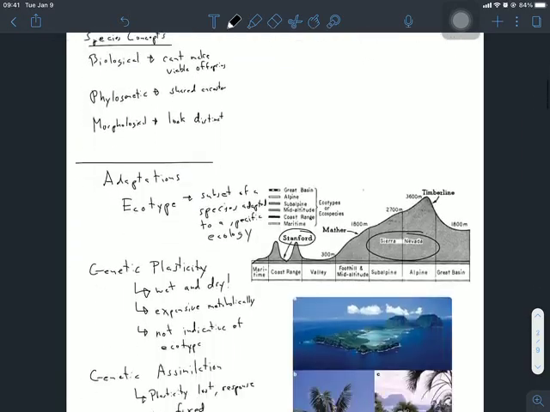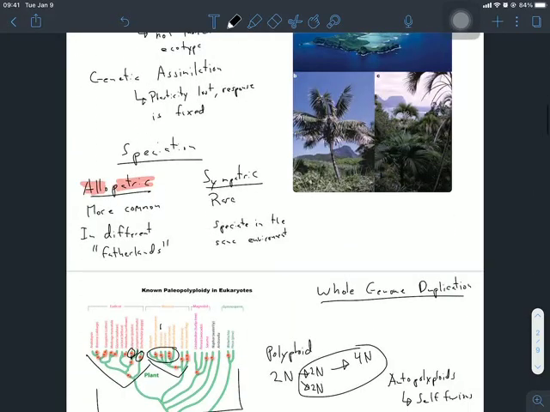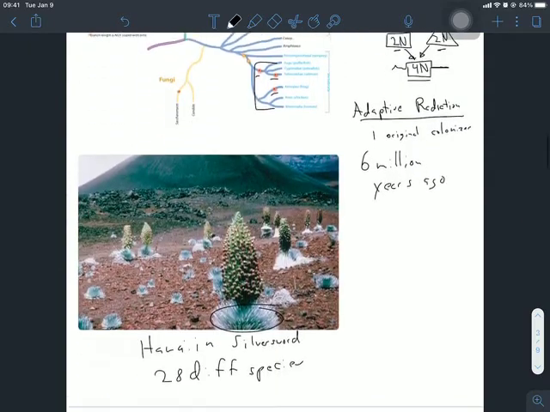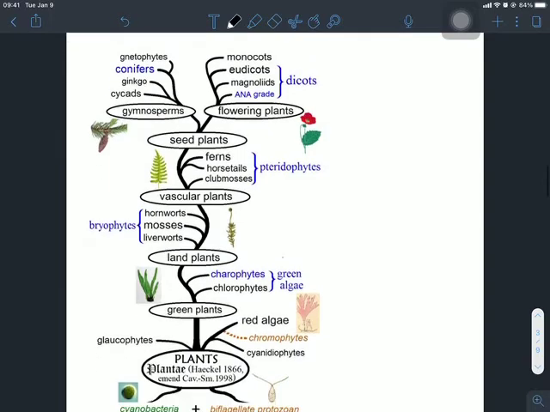So I'll end today's lecture by showing you where we're going. I think it's kind of useful to understand some roadmaps for our plant trees of life. A couple of different depictions.